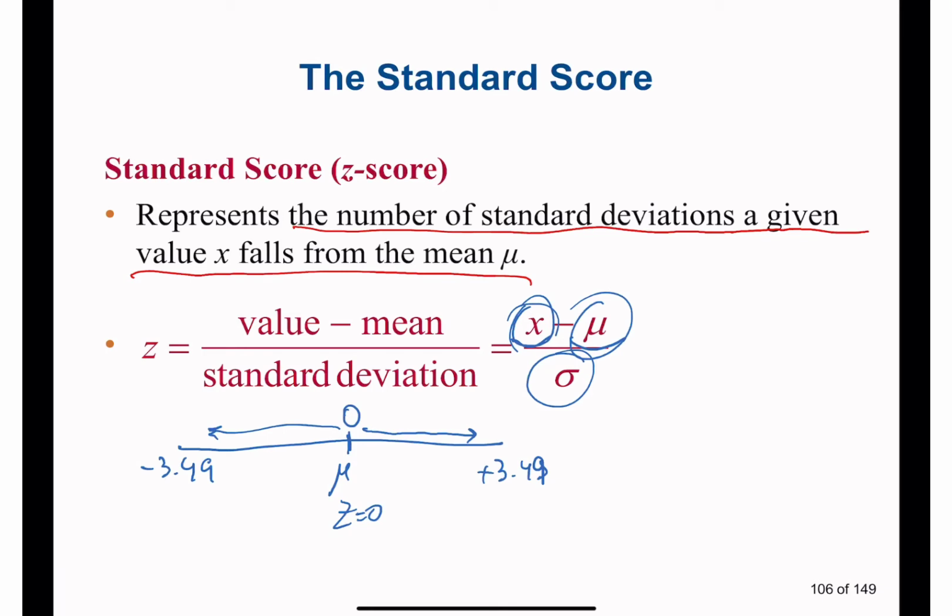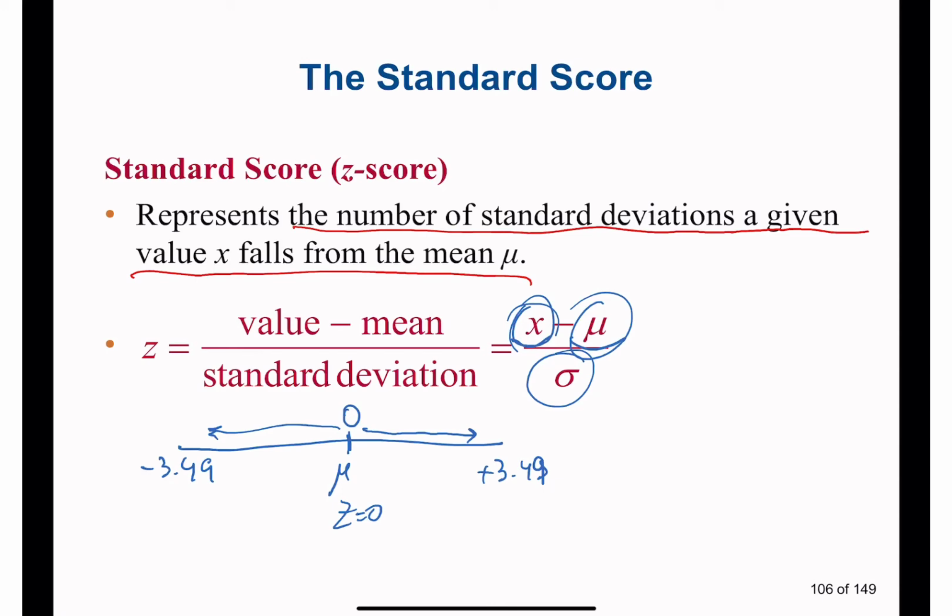Therefore, it's been standardized through z-score. And there is a table of z-scores that we are going to learn, and that's how we will find all the answers to questions in upcoming lectures.